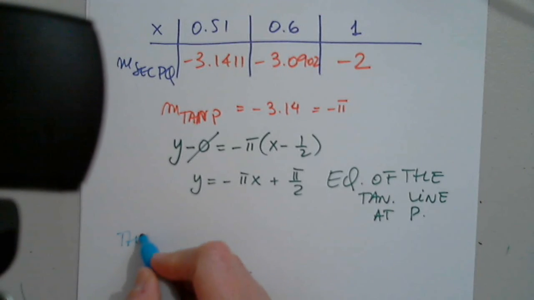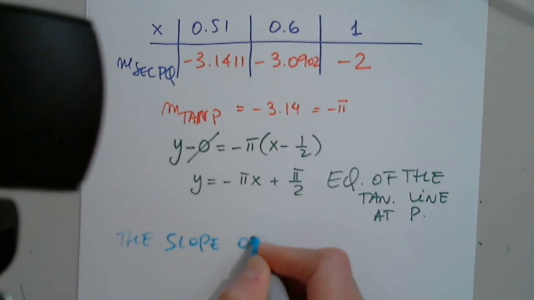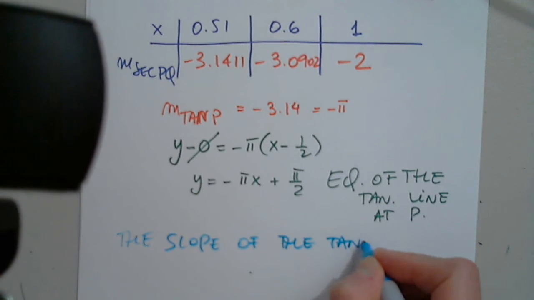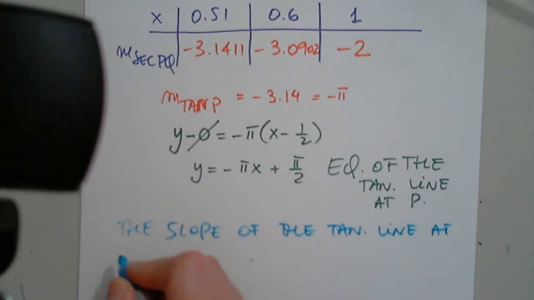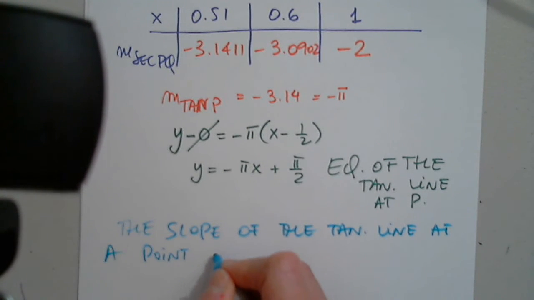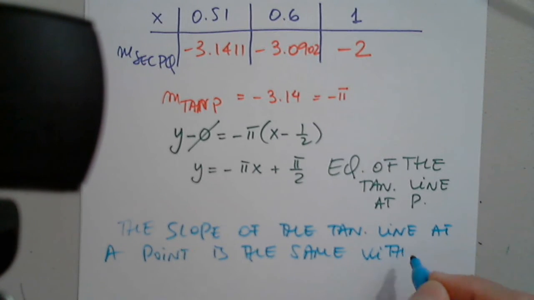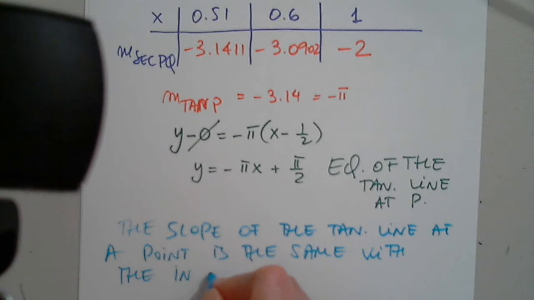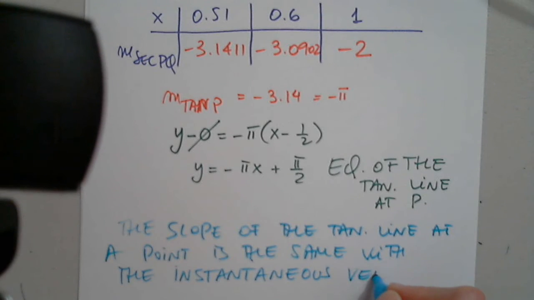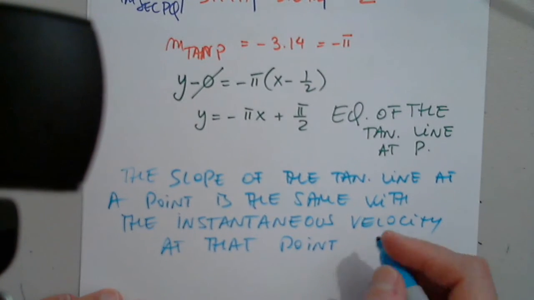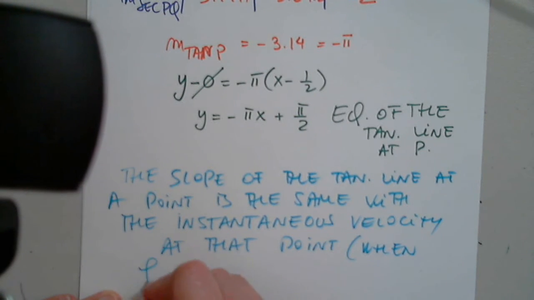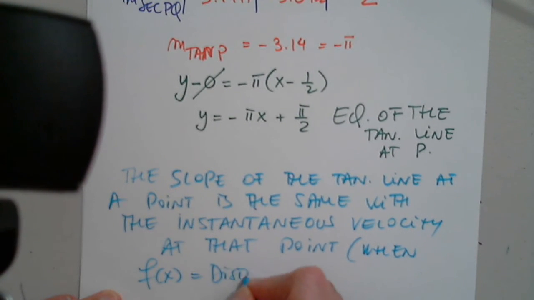The slope of the tangent line at a point is the same as the instantaneous velocity at that point, of course assuming that f of x is a distance function.